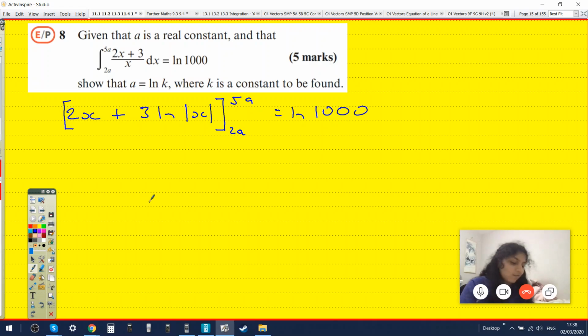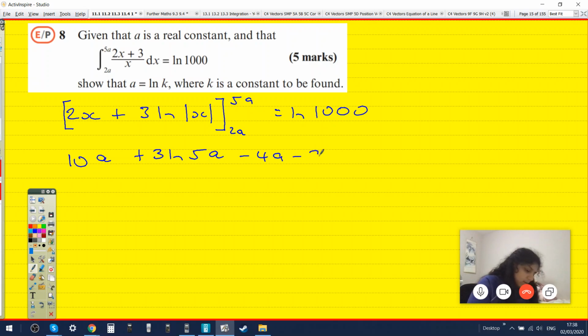I got ln 6a plus ln 5 over 2 and I subtracted. Okay. So what's a? 6a plus ln 5 over 2 is equal to ln 1000. So ln 1000.